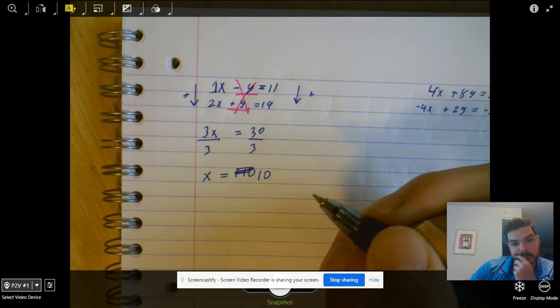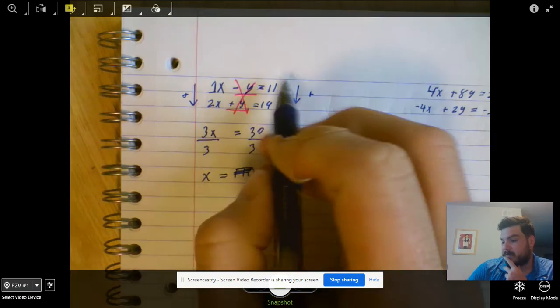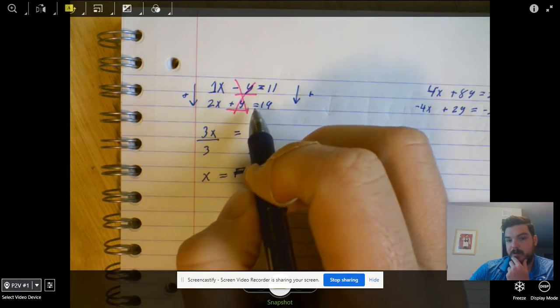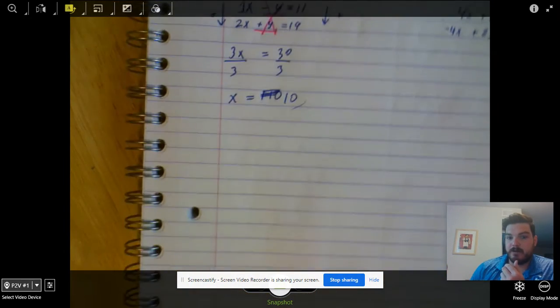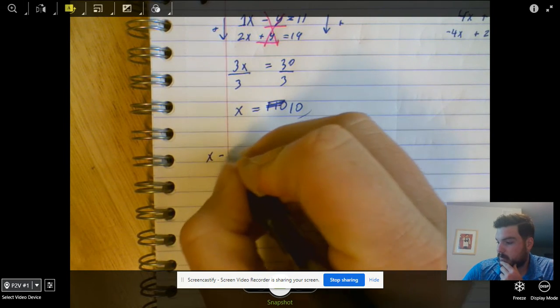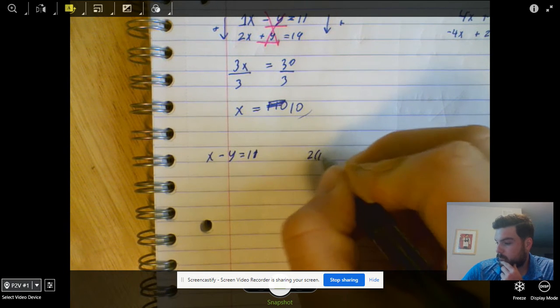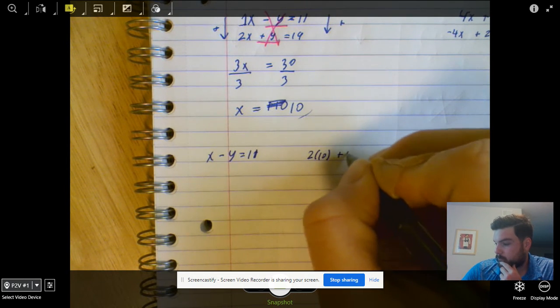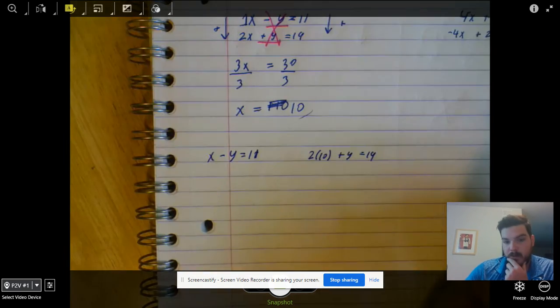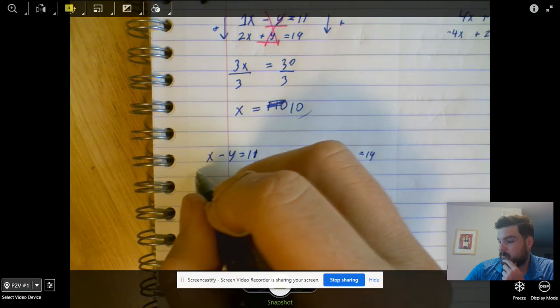Okay? So then what I need to do is take this and substitute it into one of the equations, and it doesn't matter which. What we talked about in class was, I want to take both equations and put it in there, just to show you.